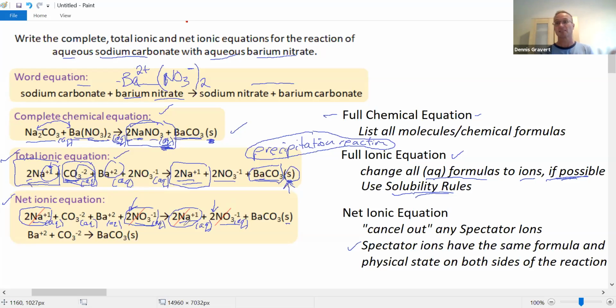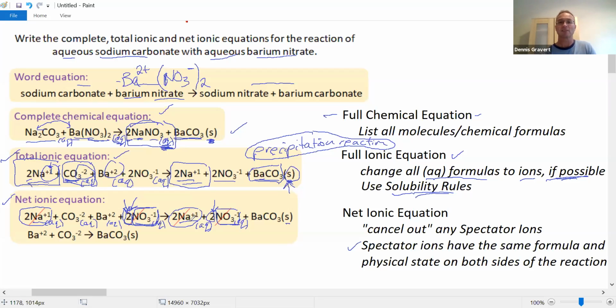So you still cancel out the nitrate, even though maybe the coefficient, the 2 in front, changes. Just ignore that part. That's okay. If you have NO3- aqueous and NO3- aqueous afterwards, then eliminate the ones that are not changing. We'll talk about that more if we see complicated redox reactions.